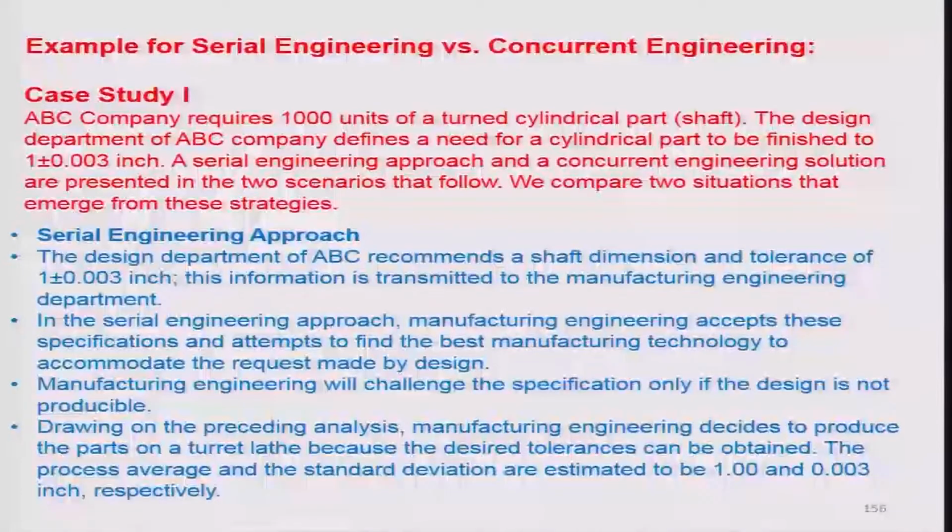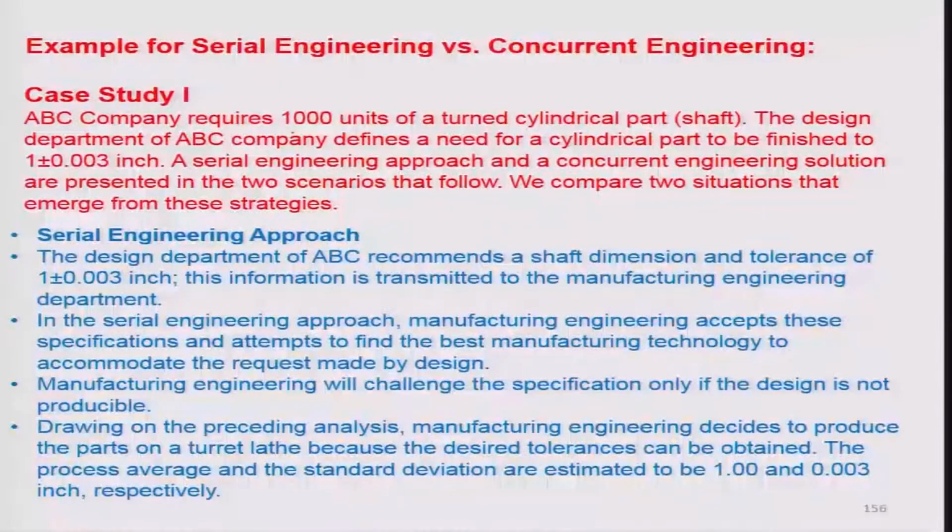So, let us look at the serial engineering example first. I think I had just mentioned this, in context of which we had started solving this cylindrical part turning and fitting to different machines and the transformation model that we discussed in the last few slides.